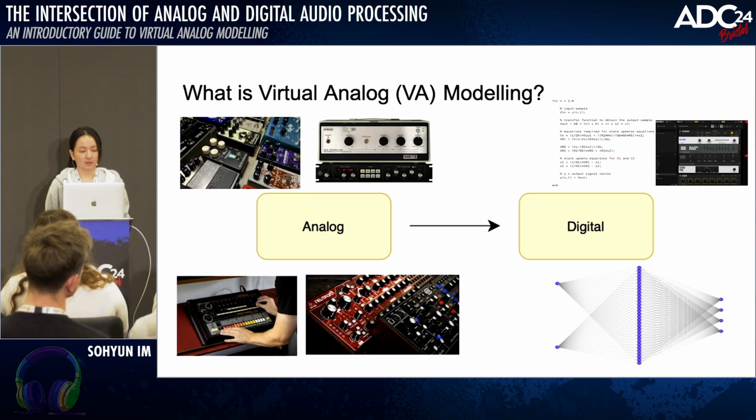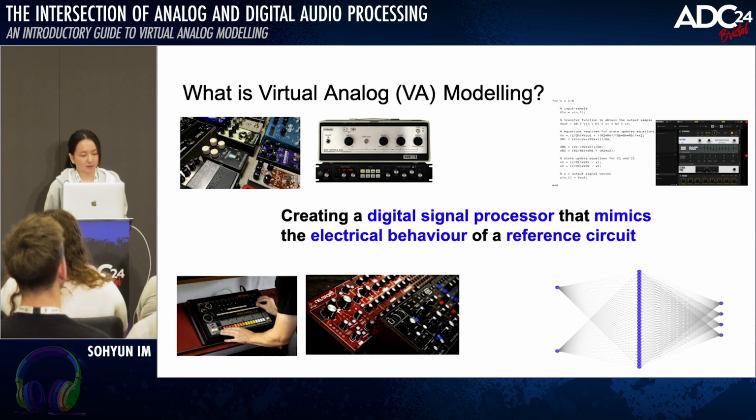The digital system for VA modeling can also be a neural network, I mean, a trained neural network. As I remember correctly, this Guitar Rig from Native Instruments is modeled with the neural network method. So yes, again, creating a VA model is to create a digital signal processor that mimics the electrical behavior of a reference circuit.